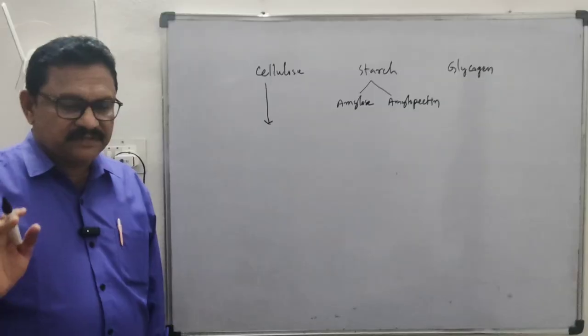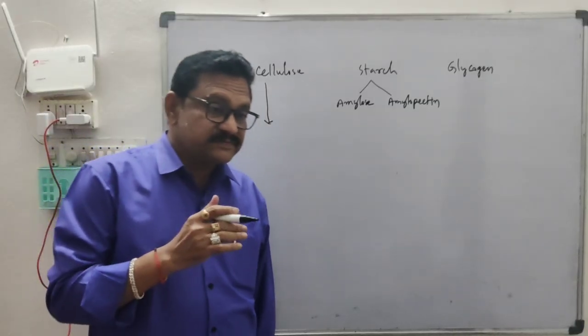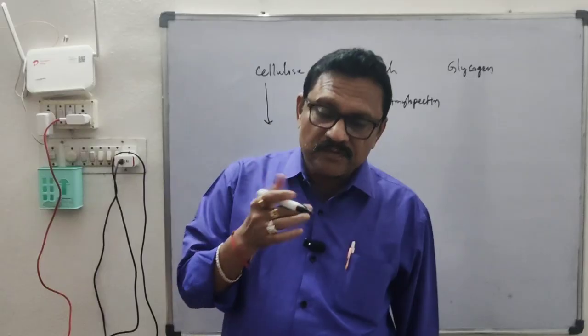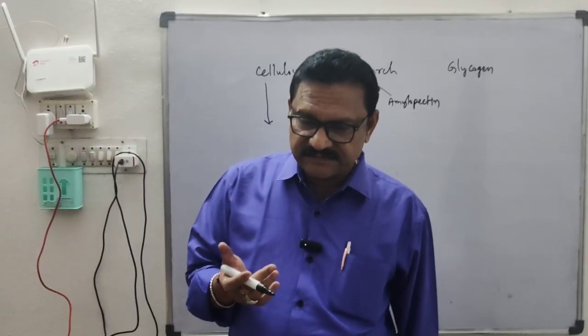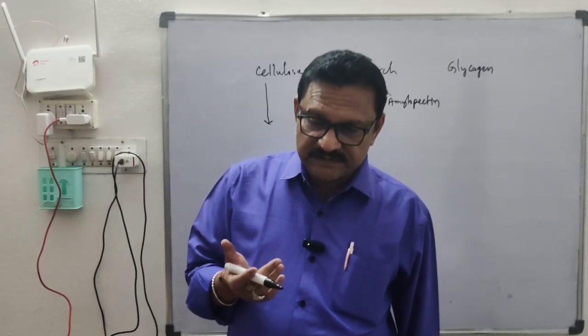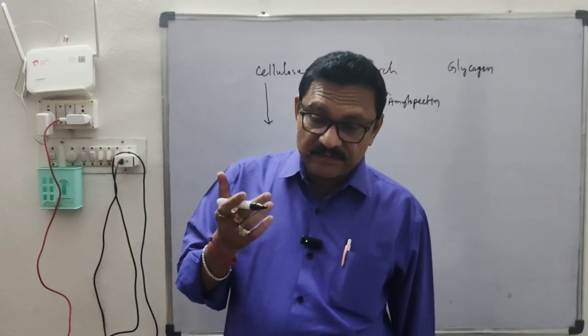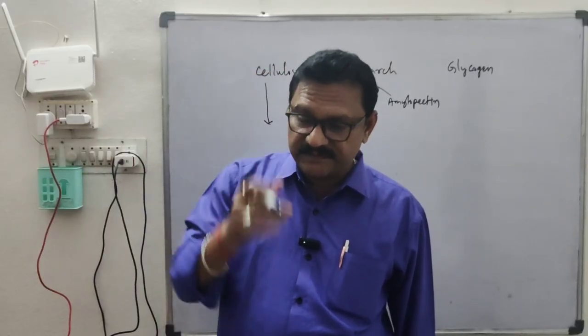So cellulose is one of the polysaccharides. That means it can produce a number of glucose units on hydrolysis, even 500 to 50,000 units.